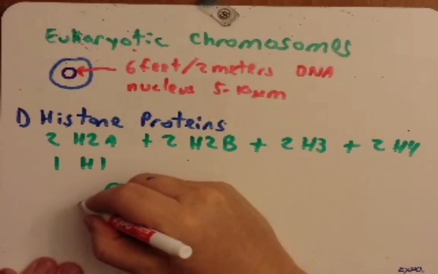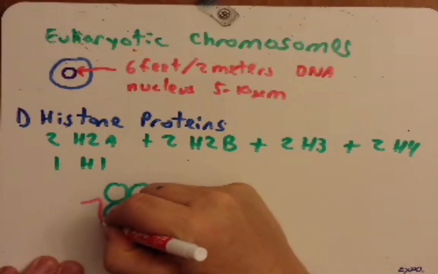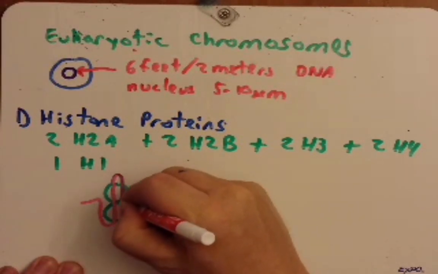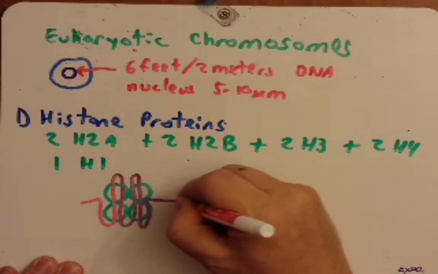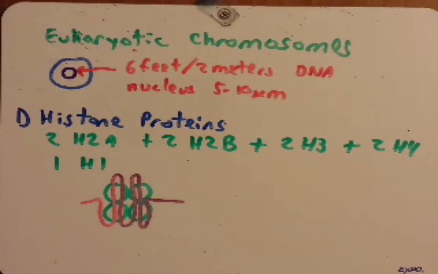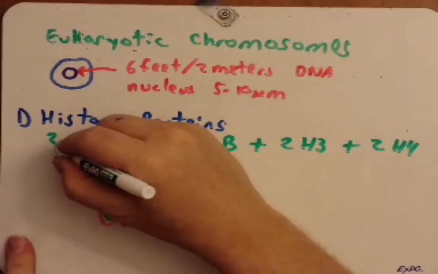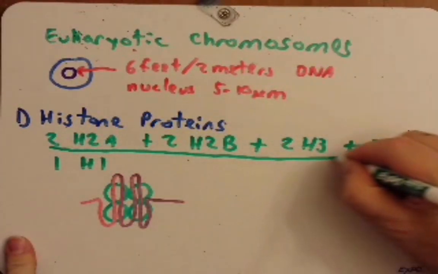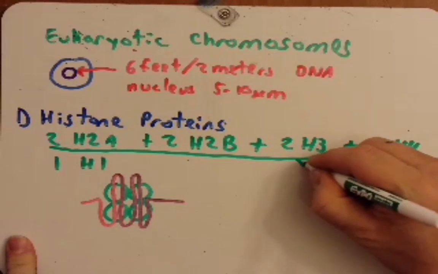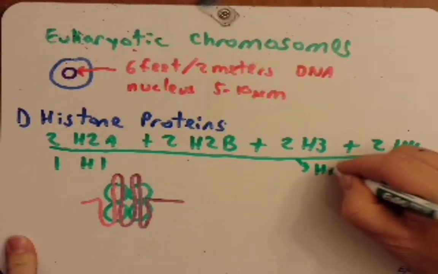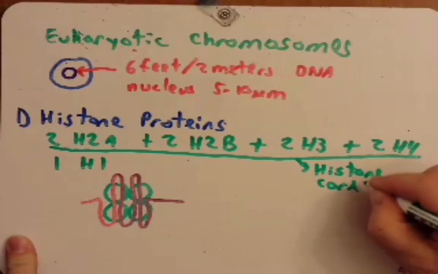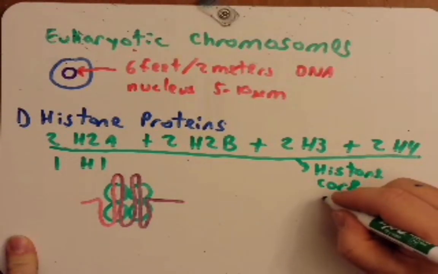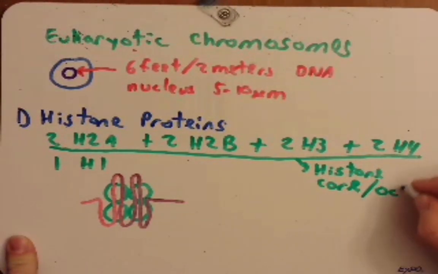What this will do, we'll take the DNA and wrap it around these histone proteins. So I want to make sure I label this correctly. These 8 histone proteins make up the histone core, or sometimes books will call it the histone octamer.